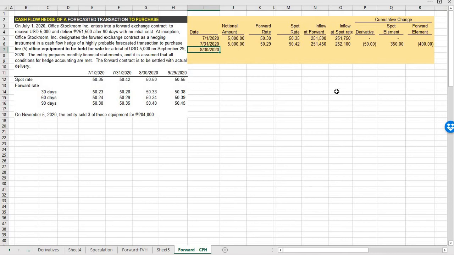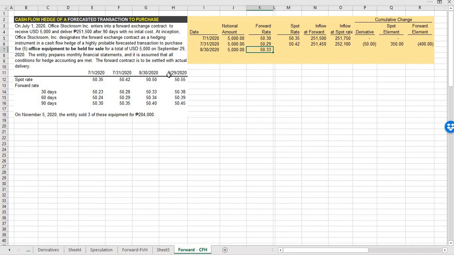Let's start with a notional amount of 5,000 US dollar. Then, let us identify the forward rate and the spot rate. So, the forward rate on this date will be 50.33. So, ito yon. Bakit 50.33? Kasi daw, ito yung ina-expect nating magiging spot rate 30 days after August 30, 2020. At kailan yun?